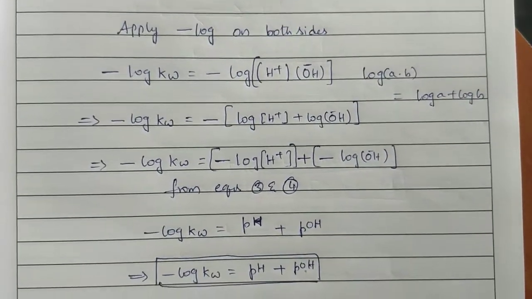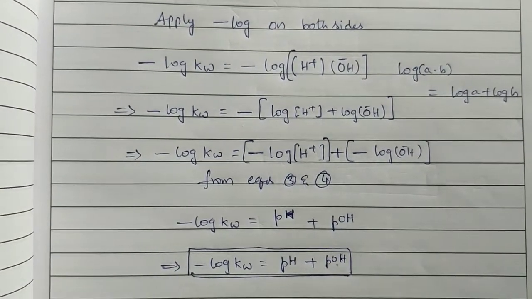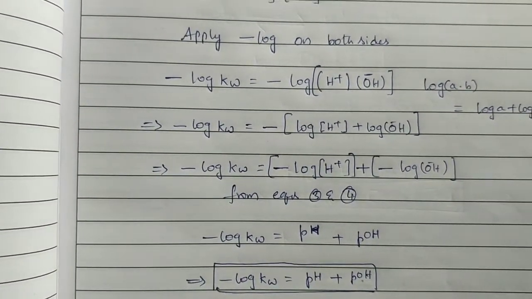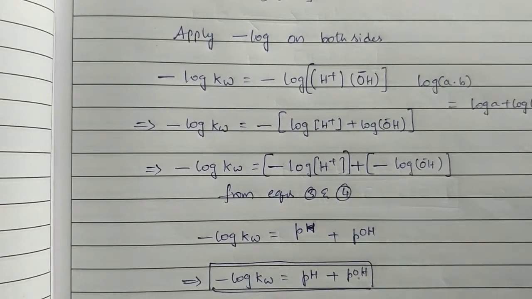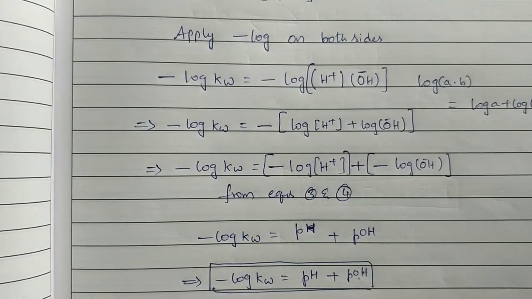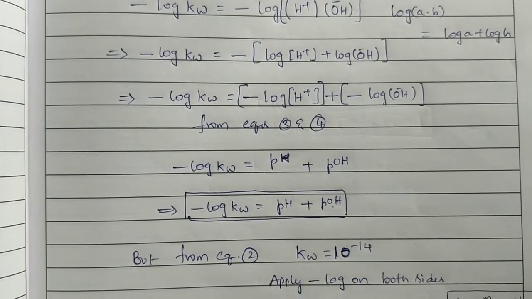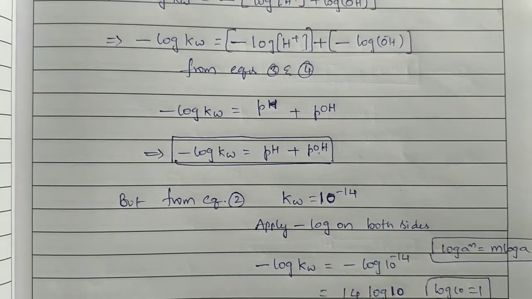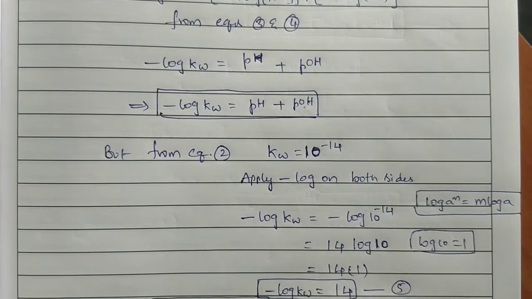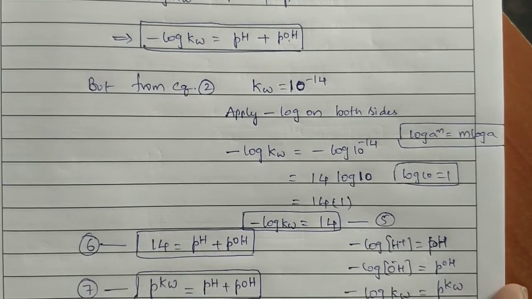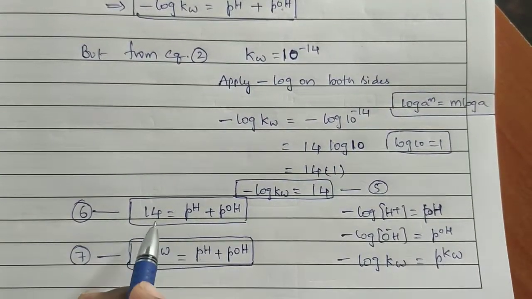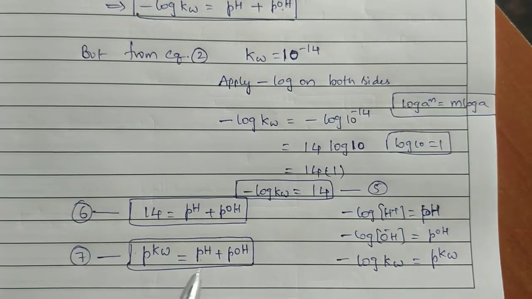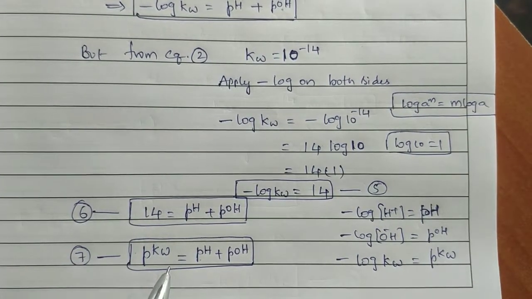Kw is equal to concentration of H plus into concentration of OH minus. Applying negative logarithm on both sides, we got minus log Kw is equal to pH plus pOH, but minus log Kw is equal to 14. So pH plus pOH is equal to 14. From that, different formulae we got, and finally 6 and 7 are very important. pH plus pOH is equal to 14 and pH plus pOH is equal to pKw.